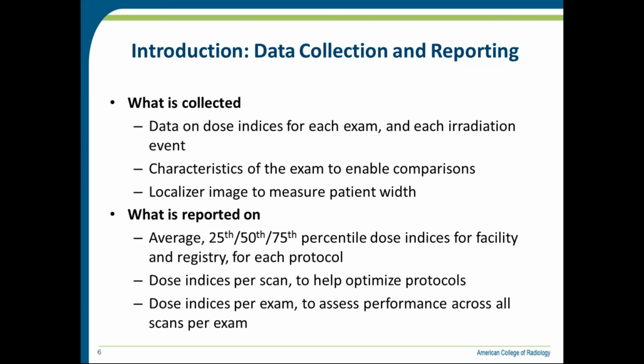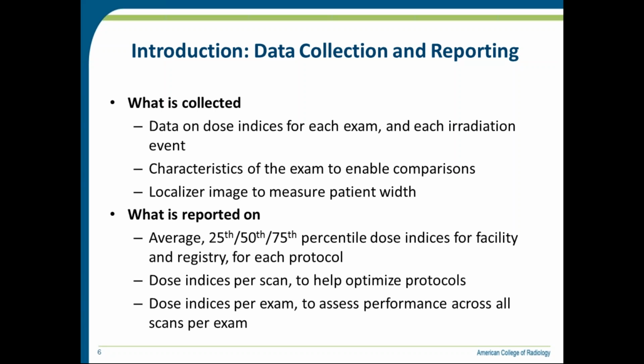What do we collect? We collect dose indices for each exam and each irradiation event, and characteristics of the facilities. There is a typo here. It should be facilities to enable comparisons, and localizer images, otherwise known as scout images, to measure patient width. We report on 25th, 50th, and 75th percentile dose indices for the facility, the registry, and also for all facility categories for each protocol.